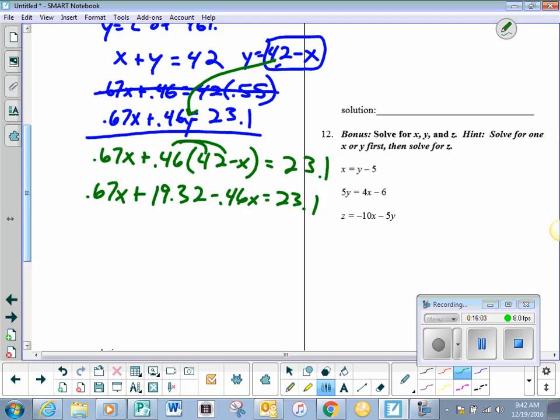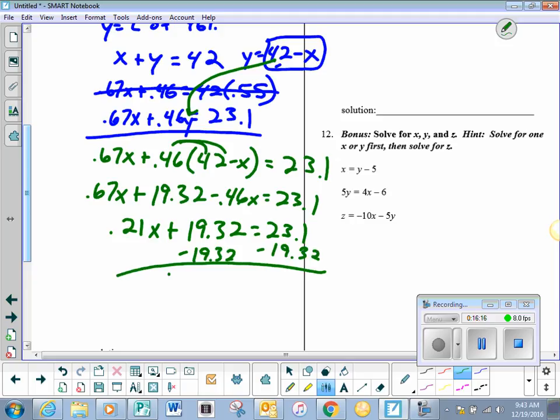Simplify that minus that, 0.21x plus 19.32 equals 23.1. Subtract 19.32 from both sides. 0.21x equals 23.1 minus 19.32, 3.78. Divide both sides by 0.21.